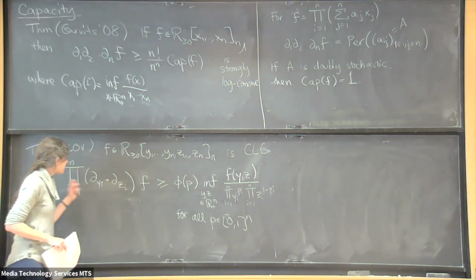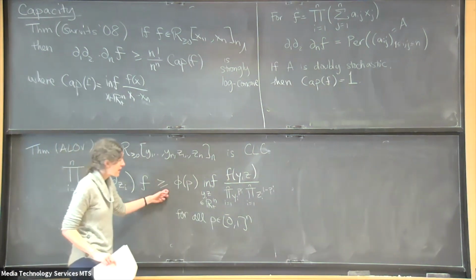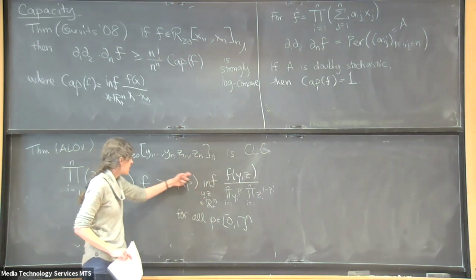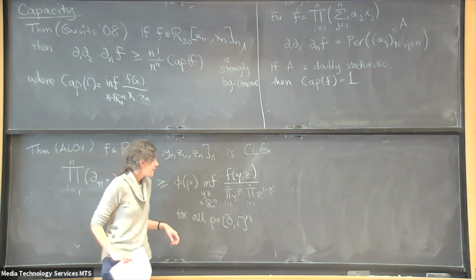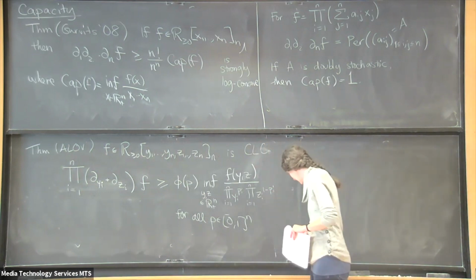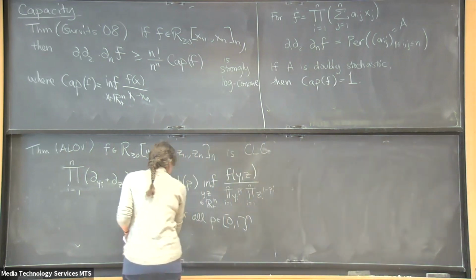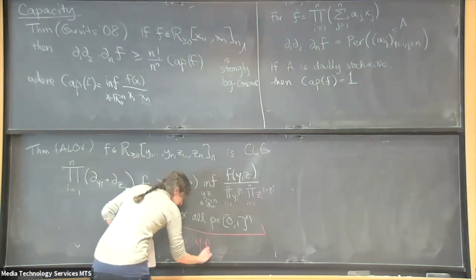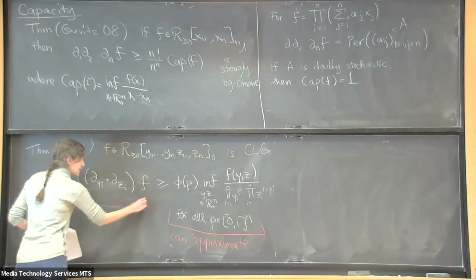So the value, whatever it is, of some differential operator applied to f can be lower bounded by a more complicated version of capacity. This is some function of a parameter, and this is some complicated ratio. I don't want to worry too much about what this is, but the idea is that this is something you can approximate. And these might be numbers of interest.